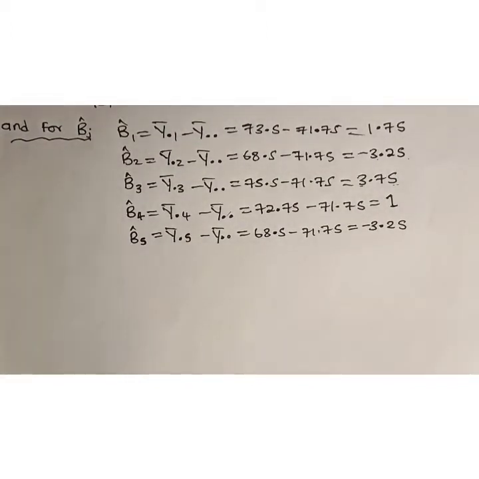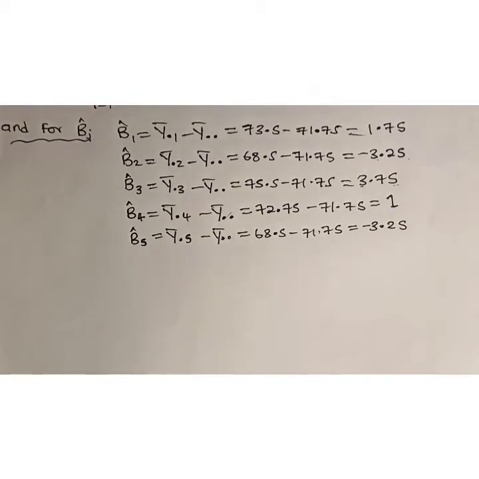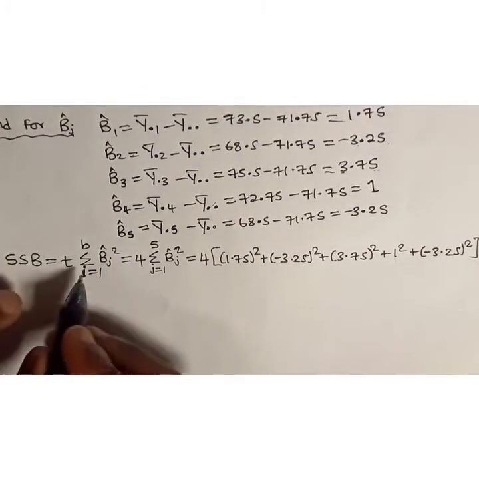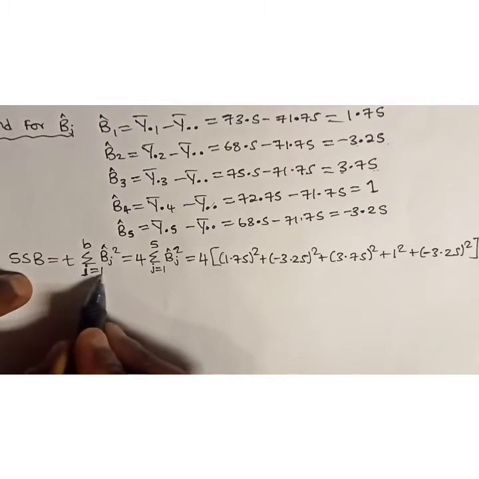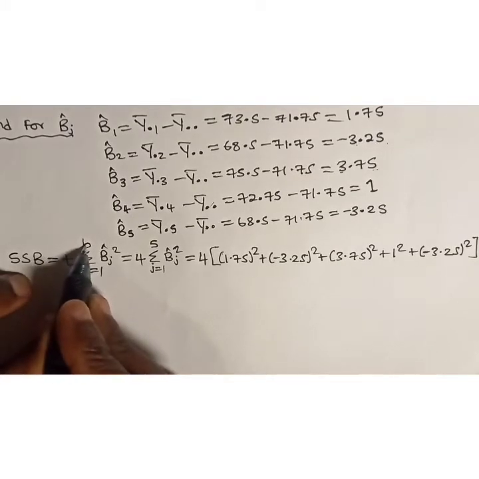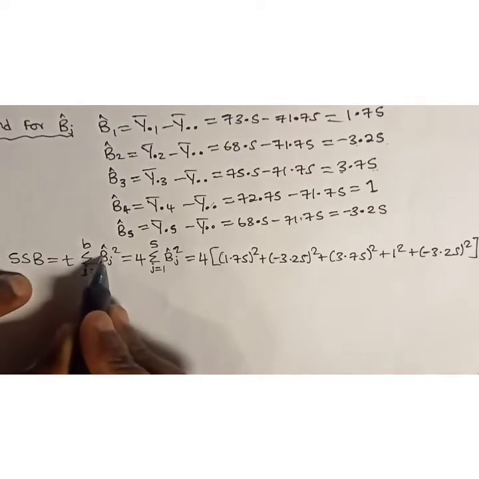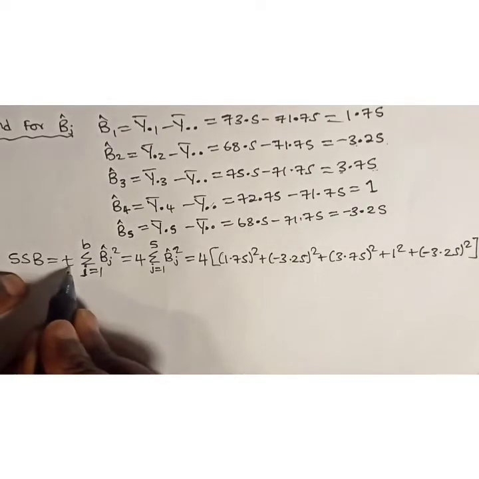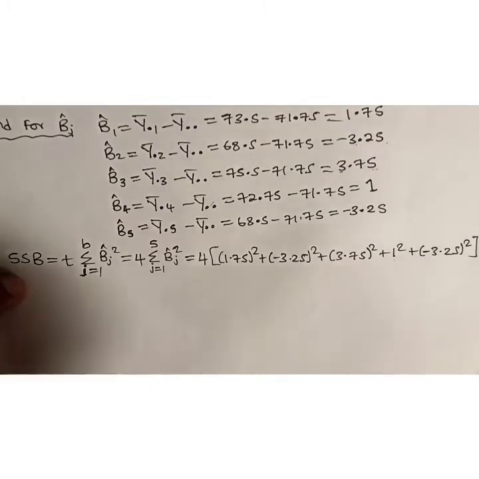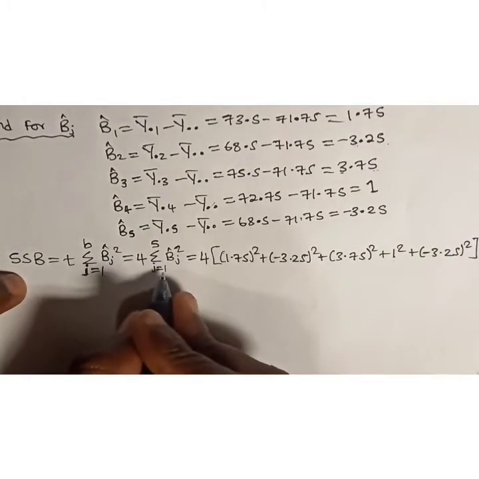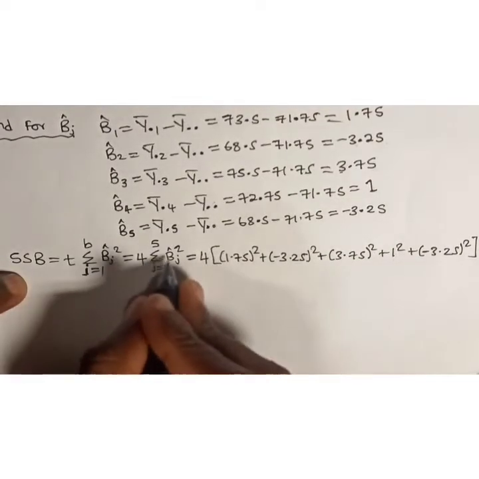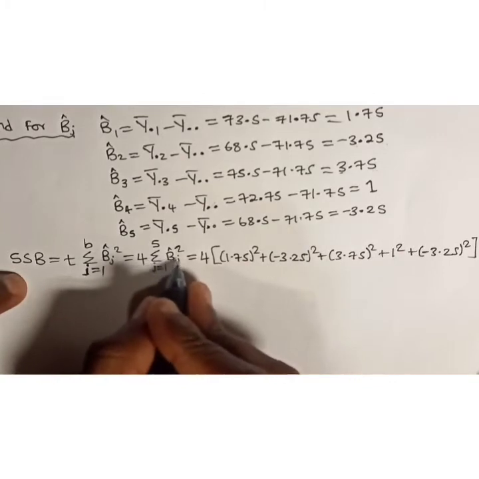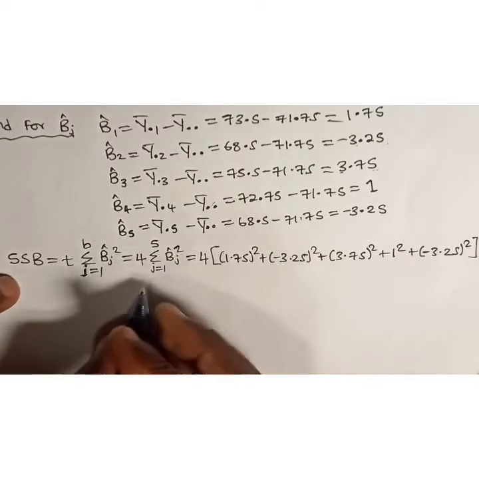So we'll get our sum of squares of blocks by T multiplied by the summation from j equals 1 to the number of blocks of the estimated block effect squared. Our number of treatments is 4, so the summation is from j equals 1 to 5 of the estimated block effect squared.